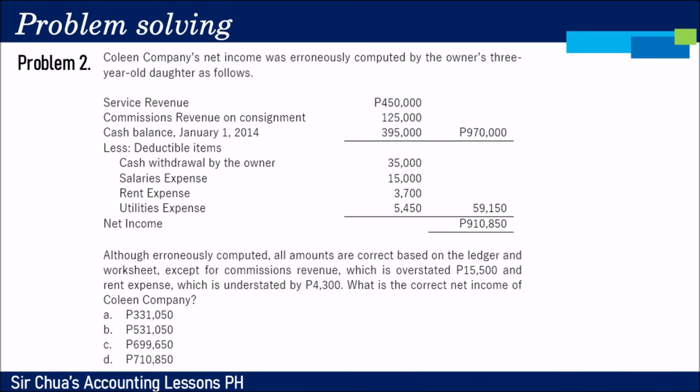Although erroneously computed, the amounts are correct based on the ledger in the worksheet, except for commissions revenue, which is overstated by 15,500, and rent expense, which is understated by 4,300. What is the correct net income of Colleen Company? A, B, C, or D? Please pause the video, try answering the problem first, and then play the video again when you're ready.